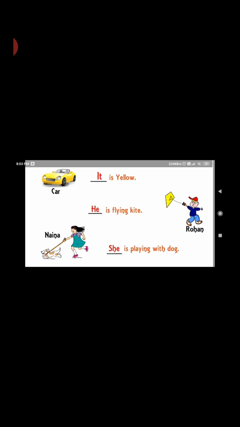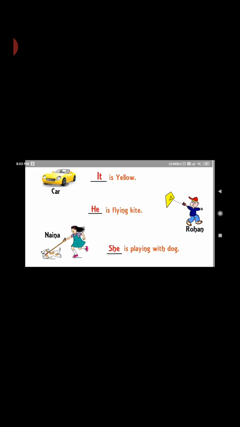Ma'am, Rohan is flying a kite. Very good. Who is Rohan? Rohan is a boy. Very good. So what do we use for Rohan? Ma'am, we use he for Rohan. Ma'am, we will say he is flying a kite.